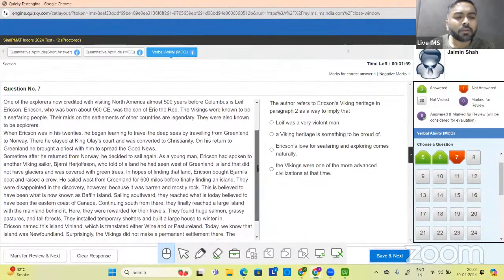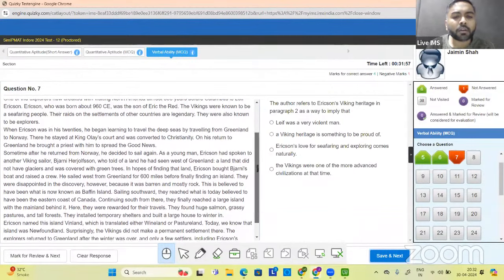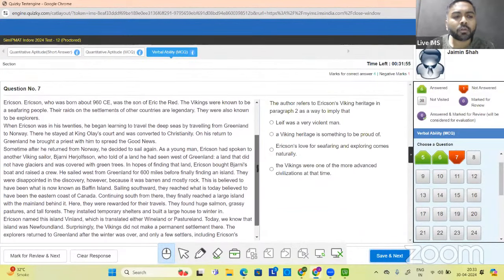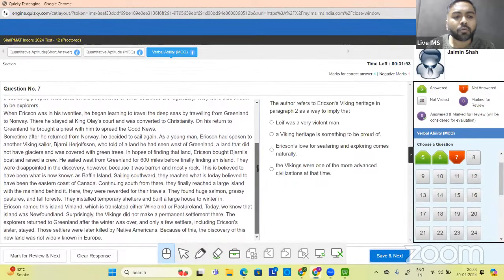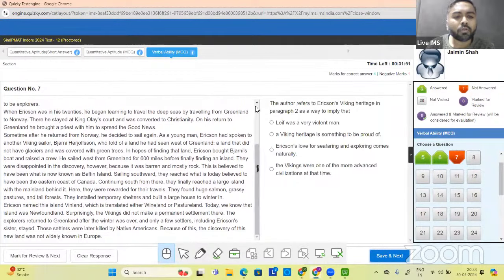Sometime after he returned from Norway, he decided to sail again as a young man. Ericsson had spoken to another Viking sailor, who told of a land he had seen west of Greenland, a land without glaciers and covered with green trees. In hopes of finding that land, Ericsson set out, and they were rewarded for their troubles.